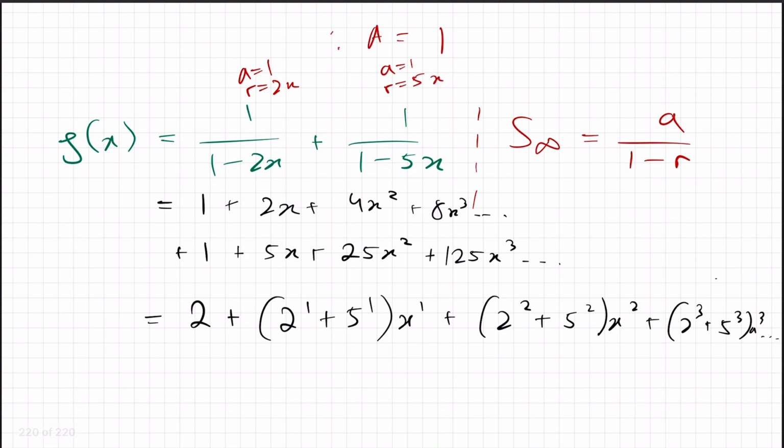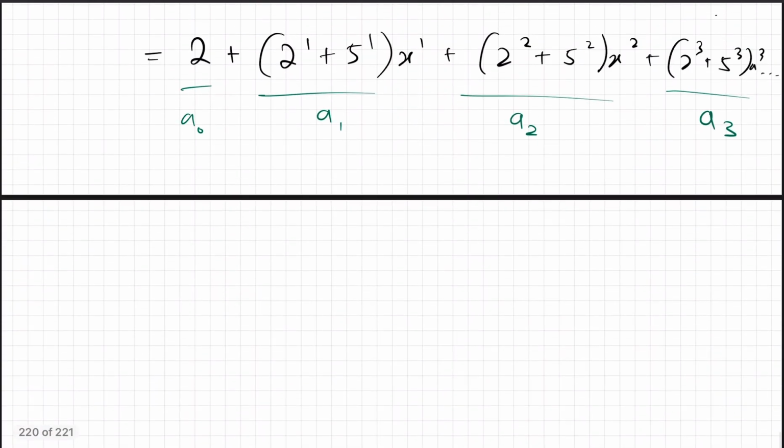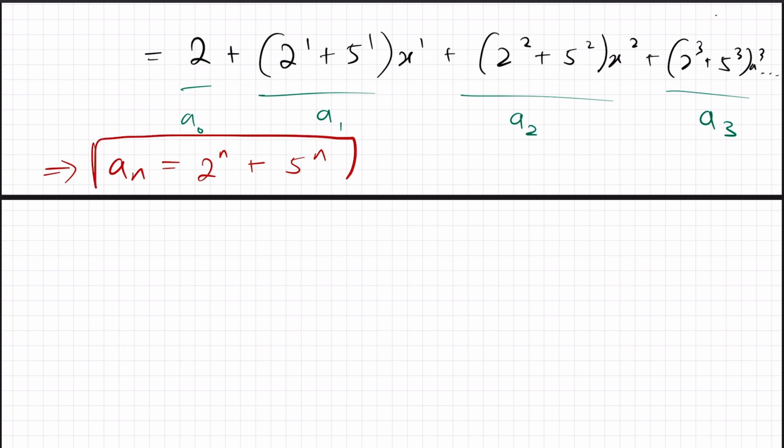You can see the coefficients of each term represent the values in the series. And hopefully it's clear now that a of n can just be written as 2 to the n plus 5 to the n. And I think that's really cool.